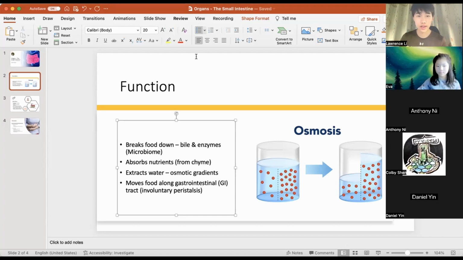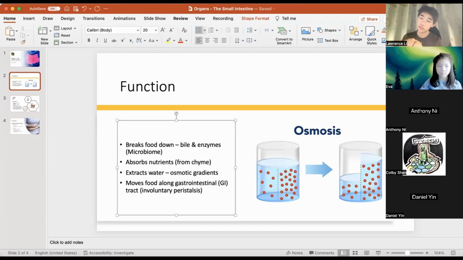Lovely. Sorry, could you repeat that, Colby? Where do the organs come from? Like, I mean the intestines. What organ comes before the small intestine? What organ comes after the small intestine?